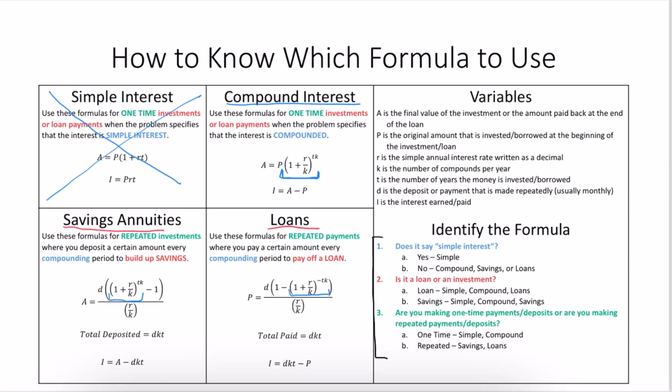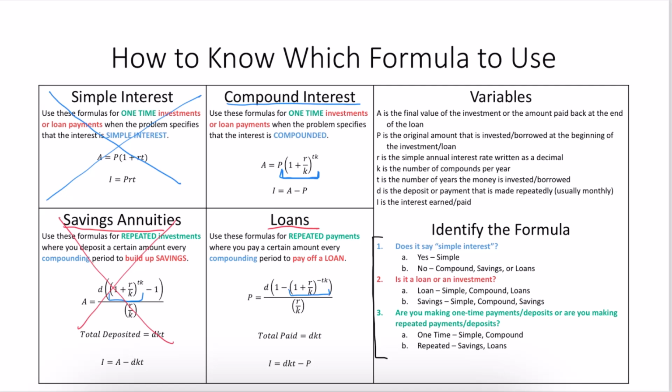So let's say we're reading through the problem and it's a situation where you're borrowing money to buy a house. In that case, it's obviously a loan situation, so we would eliminate the savings annuity section. And then the last question says, are you making one-time payments and deposits, or are you making repeated payments or deposits?